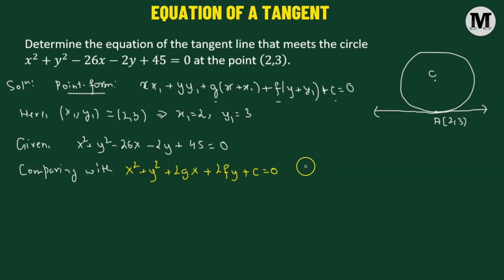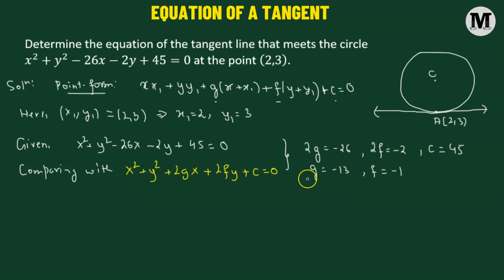So this is going to give us the values of the constants g, f and c. Here we have 2g equals negative 26, which means that the value of g will be negative 13. Then we have 2f equals negative 2, which means that the value of f will be negative 1. And we have c equals 45.